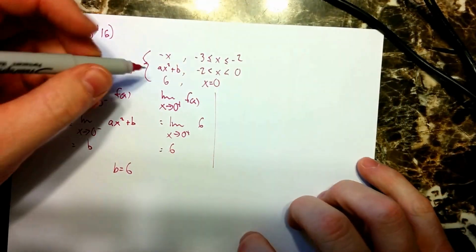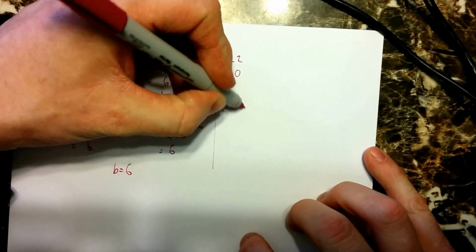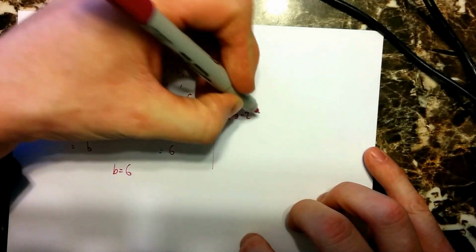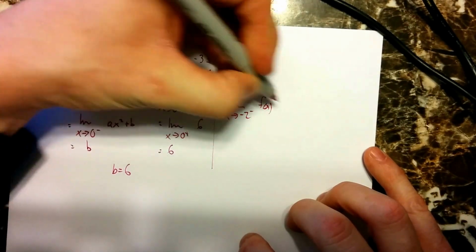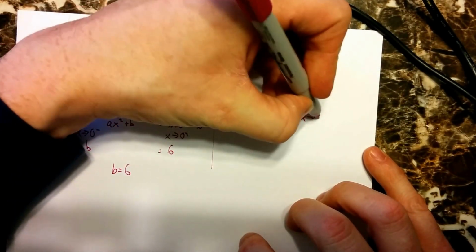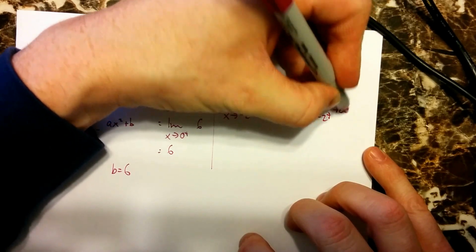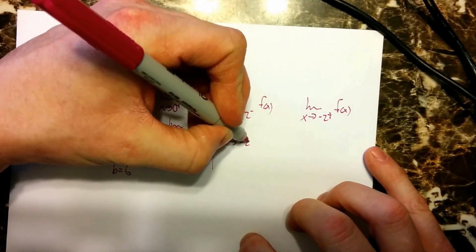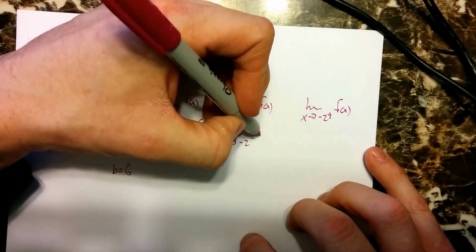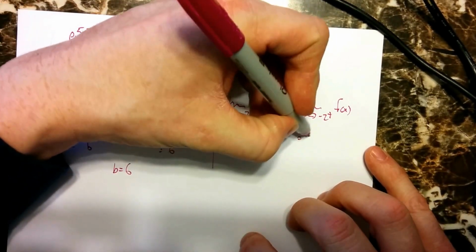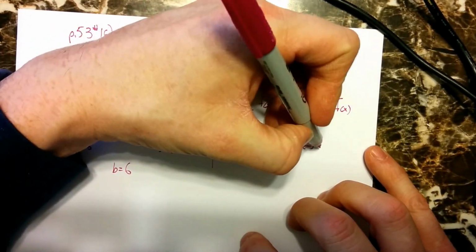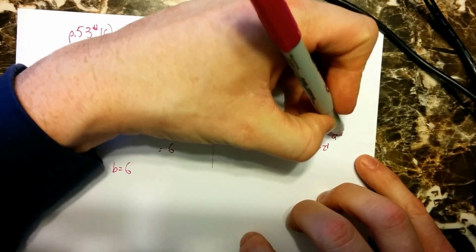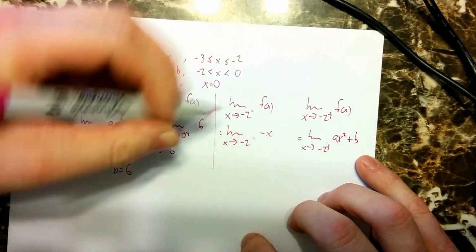Over here, we'll check the other limit, the limit as x approaches -2 from the left of f of x, and the limit as x approaches -2 from the right of f of x. Here, as we approach -2 from the left, that's -x. Over here, approaching -2 from the right, that's ax squared plus b.